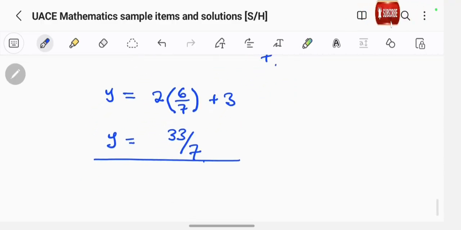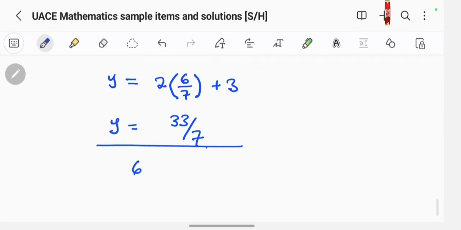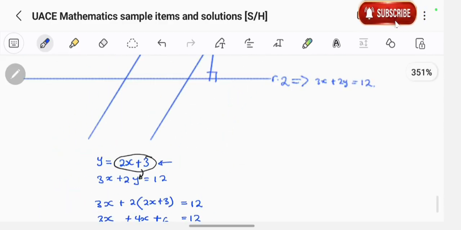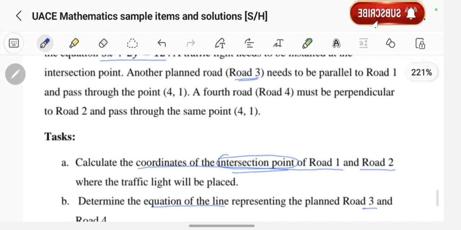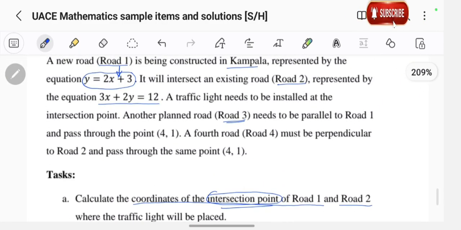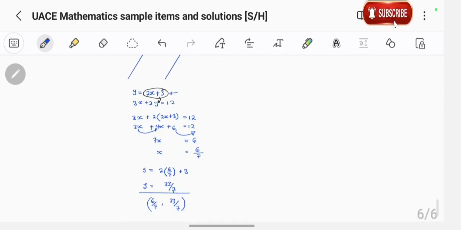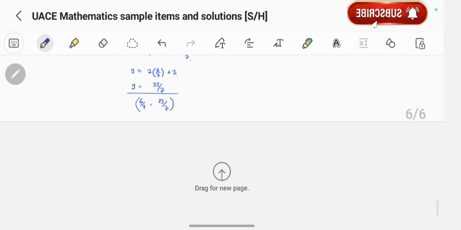So the coordinates are going to be (6/7, 33/7). This is where they have to put the traffic light, at the junction, at the point we have.